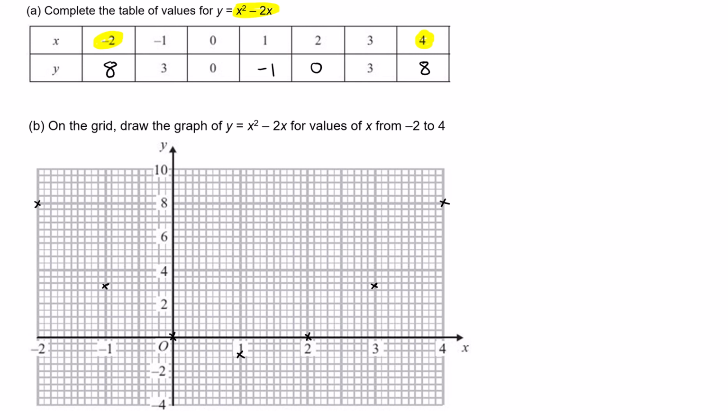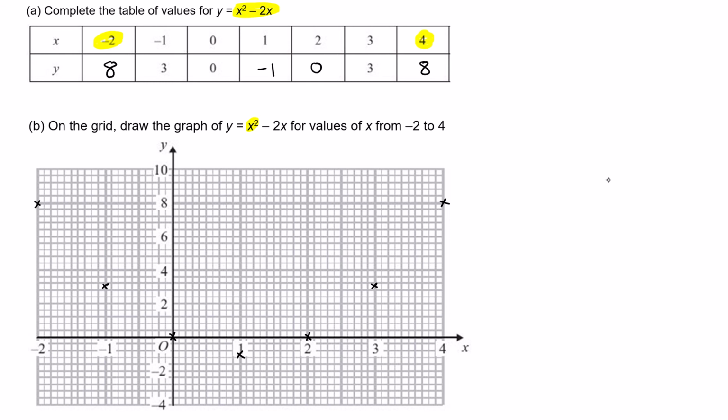And then you have to connect to create the quadratic. So this is a quadratic graph because the highest power is a 2. And it's looking like a U shape. And you have to connect it without a ruler. So it should be a smooth curve and it has to have a dip at the bottom, which this will naturally dip at the bottom.